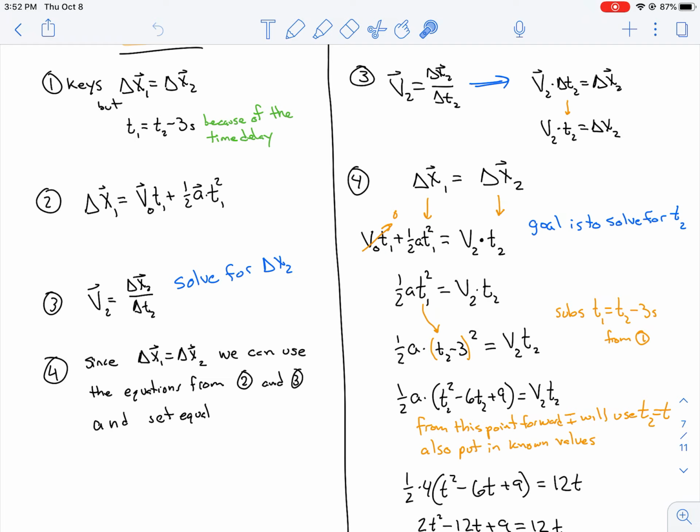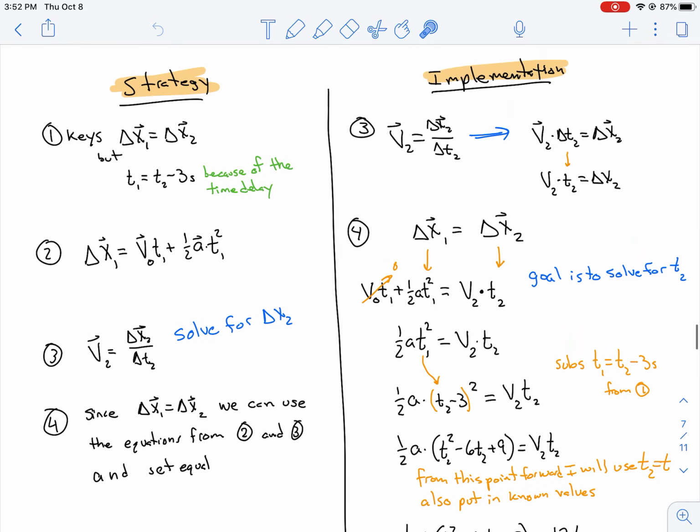Ultimately, we're going to set them equal. I do that over here. I set this one equal to that one, where this comes from right here, and this comes from here after I've solved it.